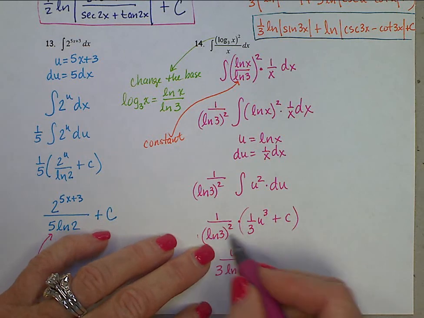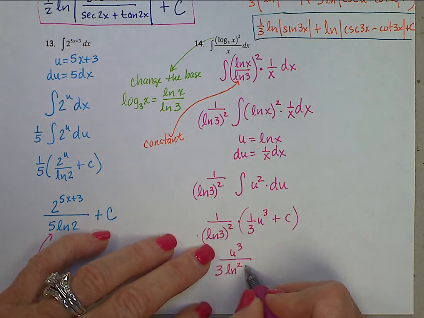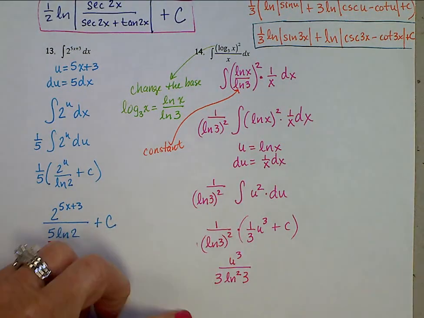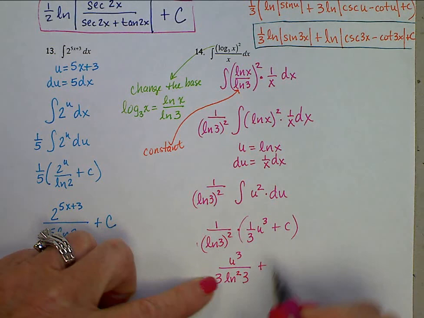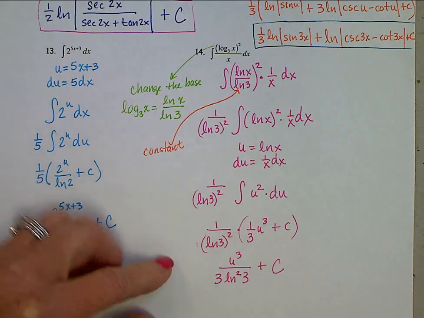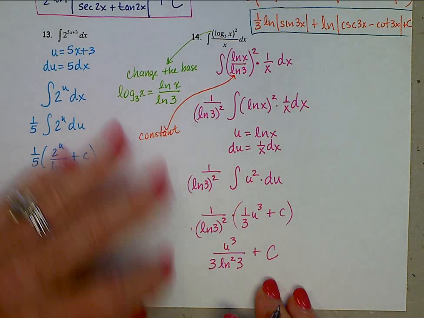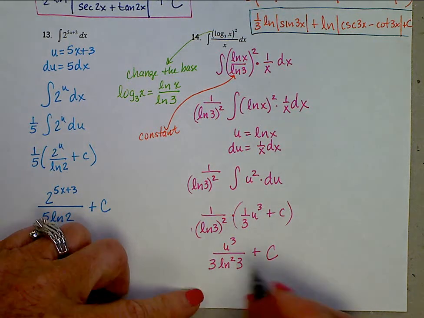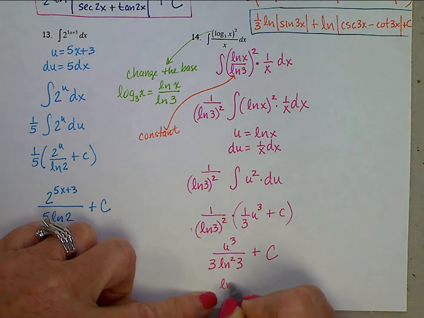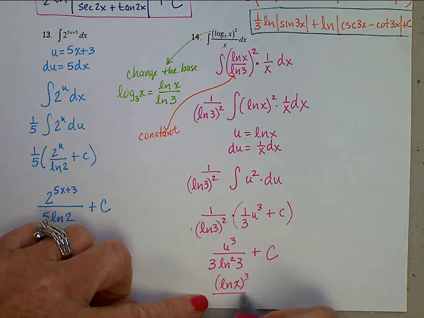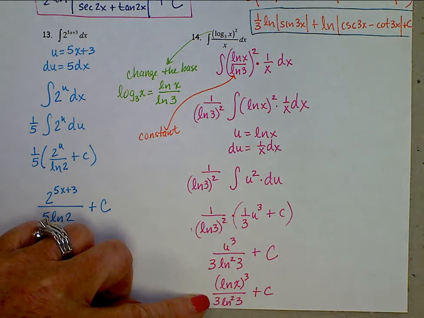You could write this as ln squared 3, or you could leave it as ln 3 quantity squared. Either one is fine. Plus, it is a constant though, times that c is just a bigger constant. The last bit then is to trade out that u cubed and write ln x cubed over 3 ln squared 3 plus a c.